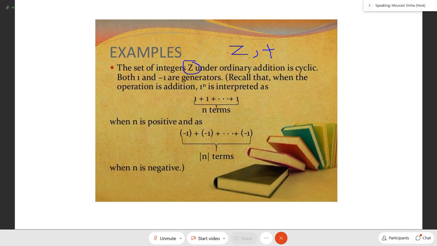If I add 1 once, I get the first element. If I add 1 two times, I get the second element. It's in the form na and not a to the power n. That you have to keep in mind. Similarly for minus 1. So these two are the generators for the set of integers. For objective questions, you should know that 1 and minus 1 are the generators of Z, the set of integers under ordinary addition. And hence it is cyclic because you have generators like 1 and minus 1.